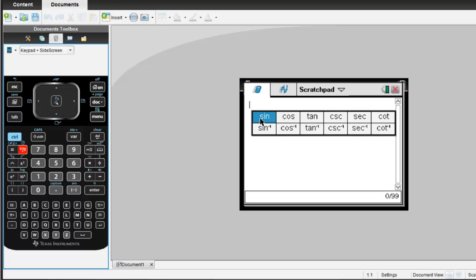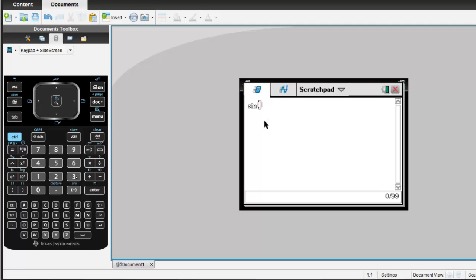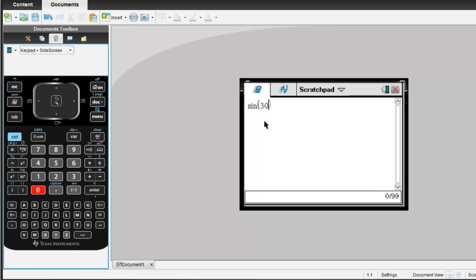So we're going to hit sine, and then we're going to hit 30. And it's in degrees, so it's going to read that as 1/2. Now, if this were in radian mode, it would come out to be something like 0.96 and a little bit of a longer decimal. So you would know that you're in the wrong mode for the particular type of problem that you're trying to work.